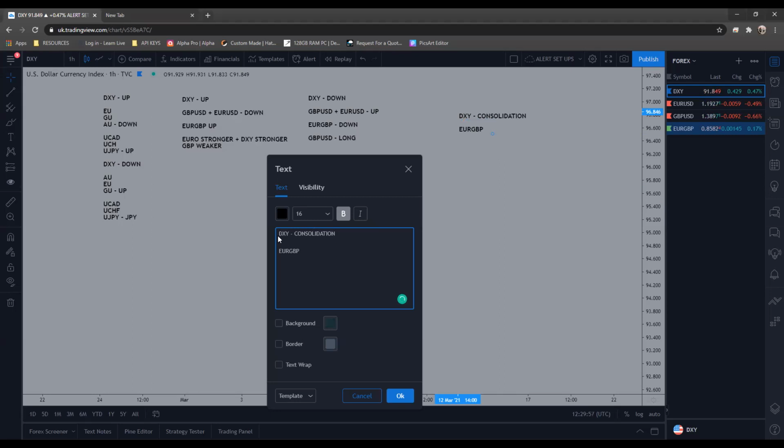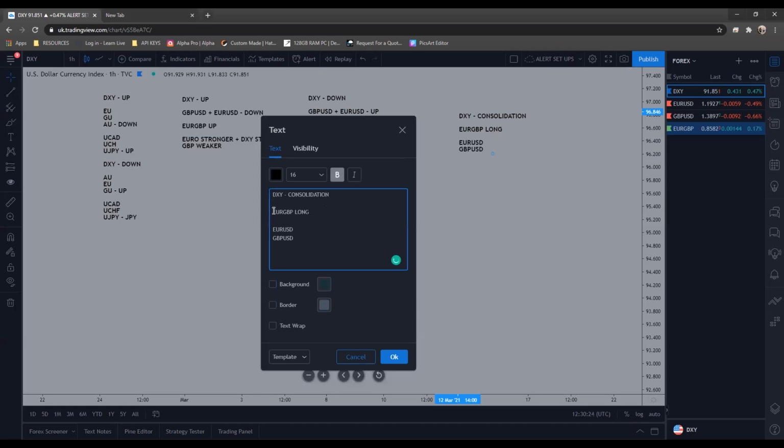It's quite hard to think. So you've got dollars consolidating, Euro GBP. If we say that's going long, what should you see with Euro USD, and what should you see with GBP USD?